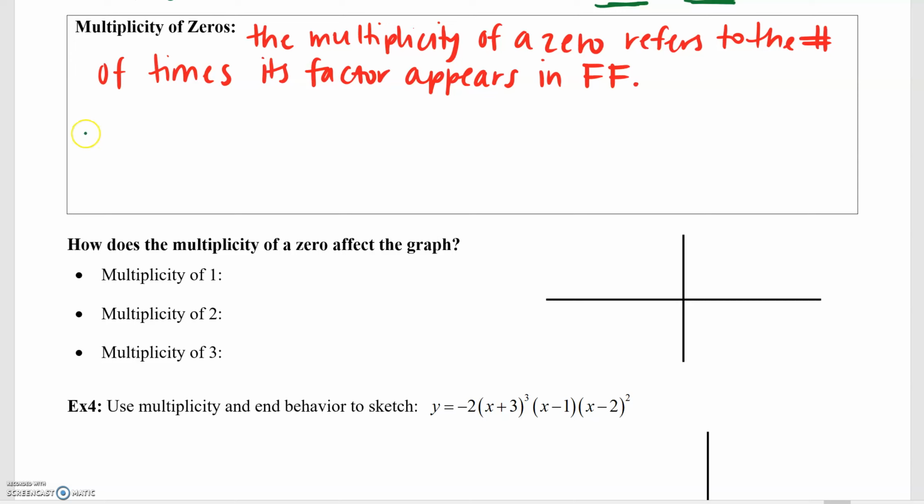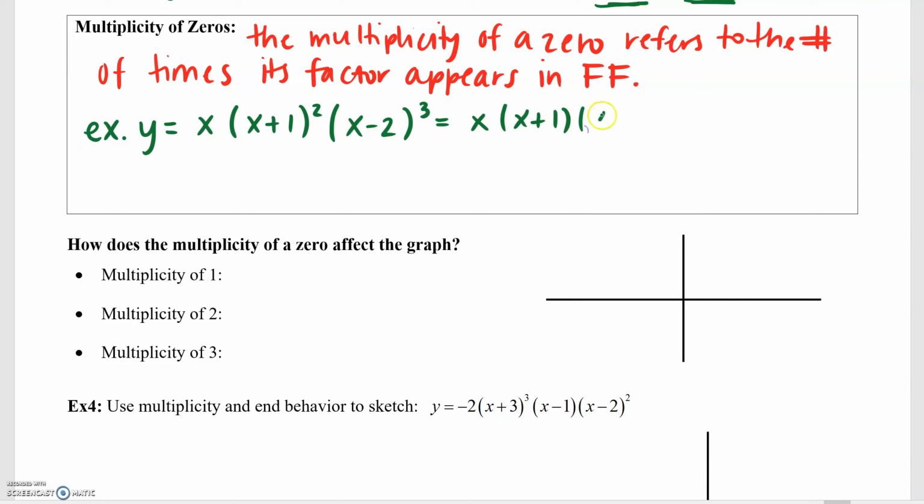So as an example, let's write down this function and we'll talk about the multiplicity of each zero. Let's say that it's y equals x times (x plus 1) squared times (x minus 2) cubed. Now, if I were to expand this, it would really look like x showing up 1 time, x plus 1 showing up 2 times because it was squared, and then x minus 2 showing up 3 times because it was cubed.